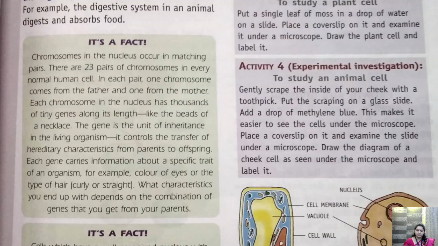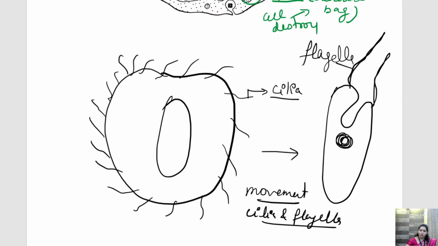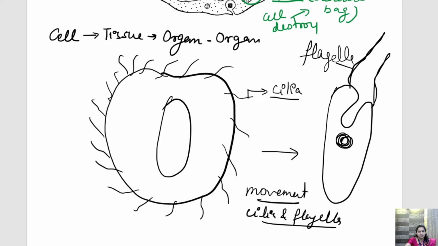So the basic concept is cells combine to form tissues, tissues combine to form organs, organs when clubbed together form organ systems, and when organ systems are clubbed together they form a complete organism.